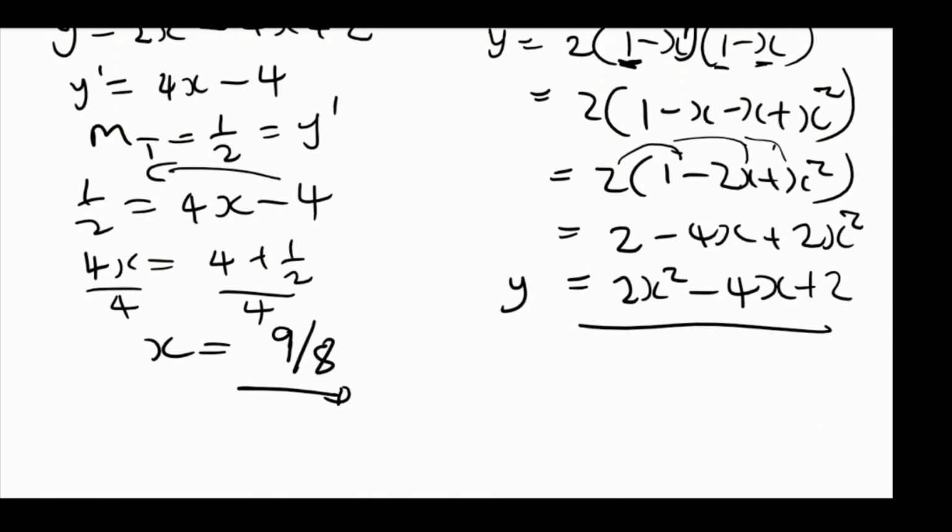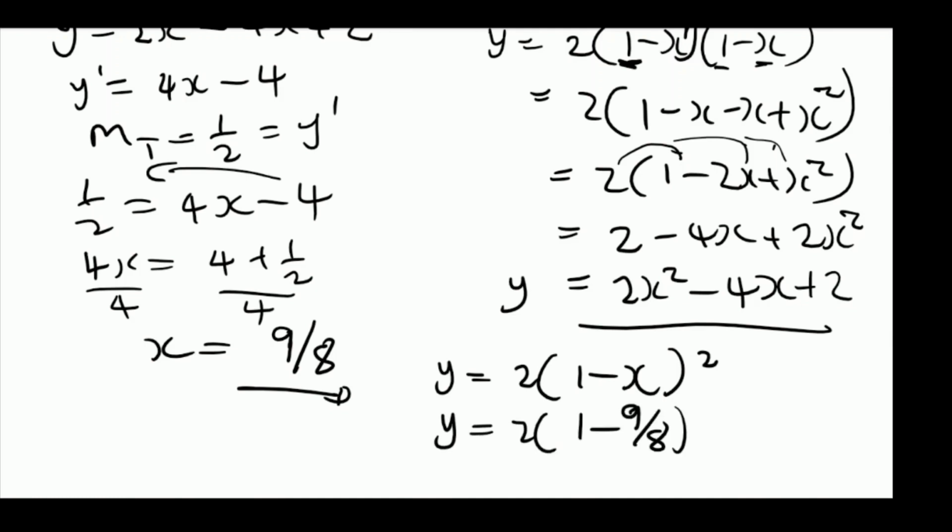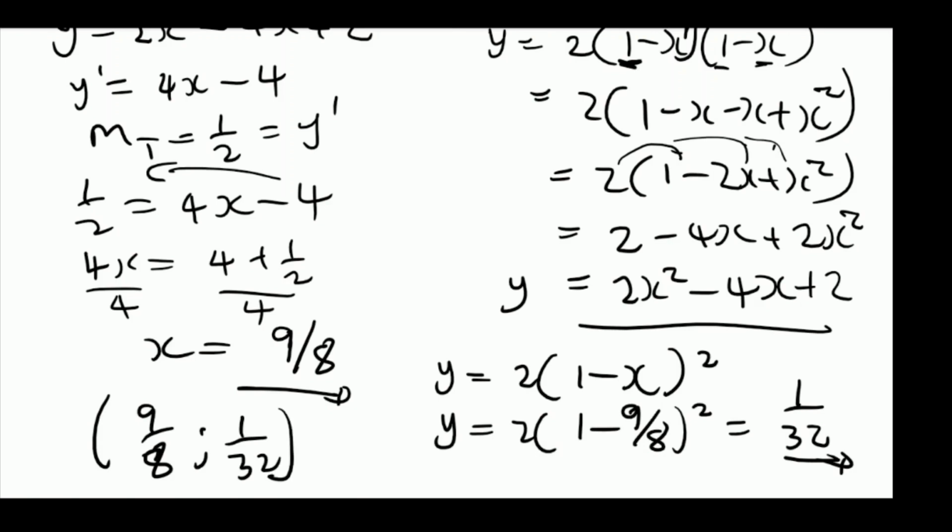So we substitute it into the original equation of y equals 2 into 1 minus x to the power of 2. So to find the y value, y equals 2 into 1 minus 9 over 8 all to the power of 2. You're going to get a value of 1 over 32. So these are your coordinates, which is 9 over 8 and 1 over 32.